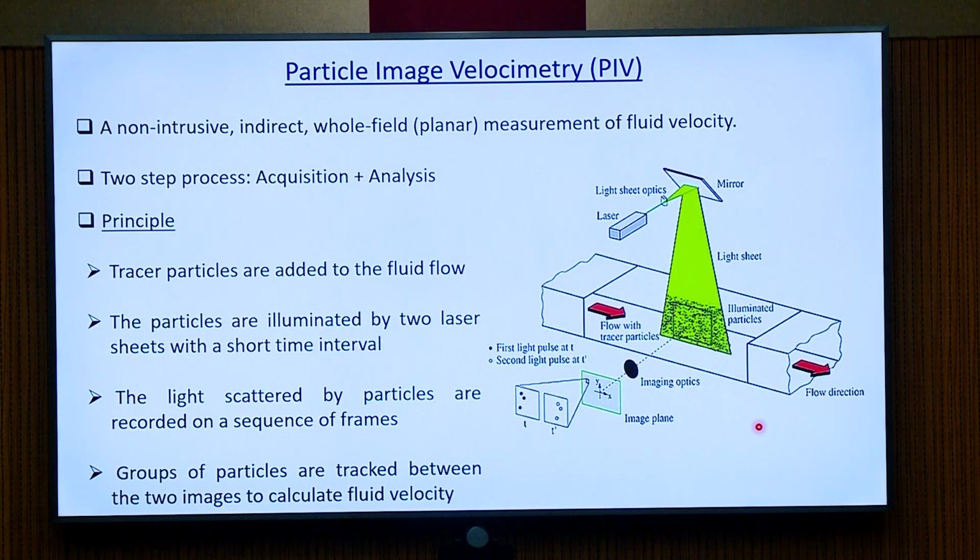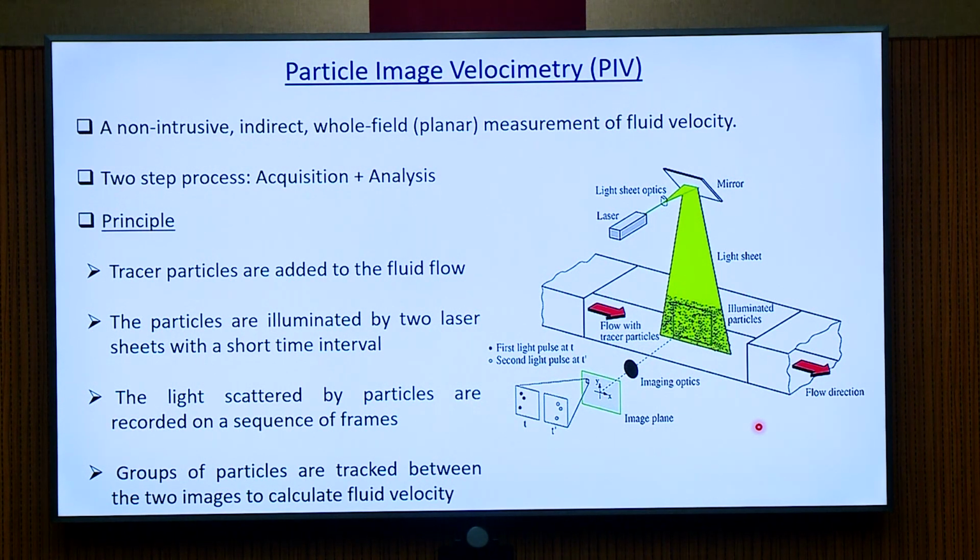Okay, so first, what is particle image velocimetry technique? So as the name implies, in this case, we image particles in a flow. So why particles? In this case, we add particles to a flow such that the particles can track the flow. These are known as tracer particles.